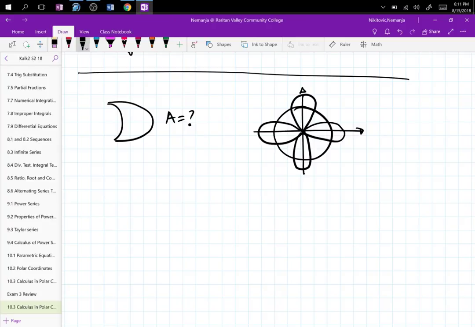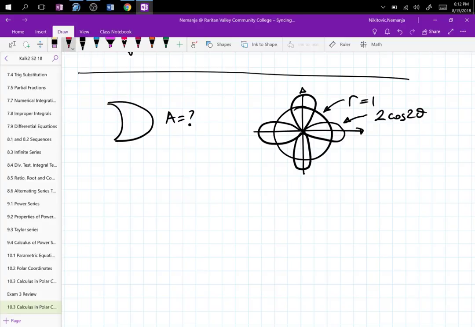So here we have our equations. I'm going to put the circle to be r equals 1, and then I have the flower to be 2 cosine 2 theta. That's easy.